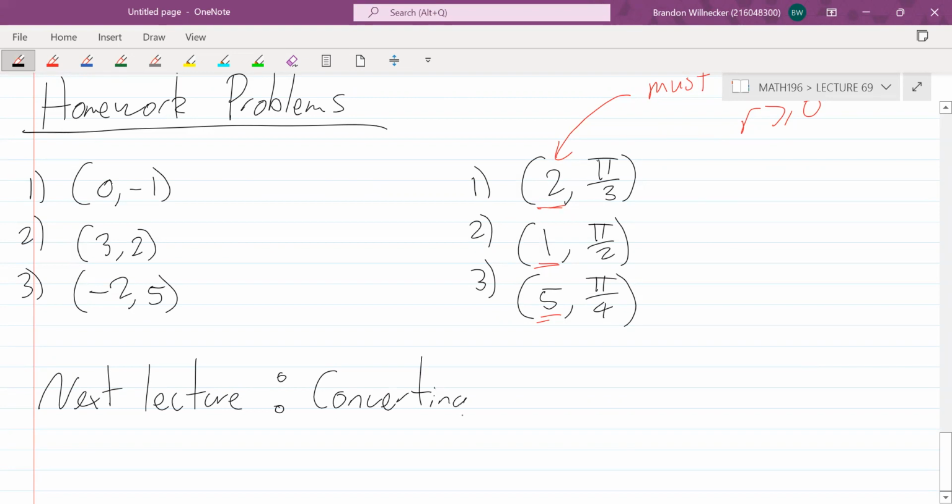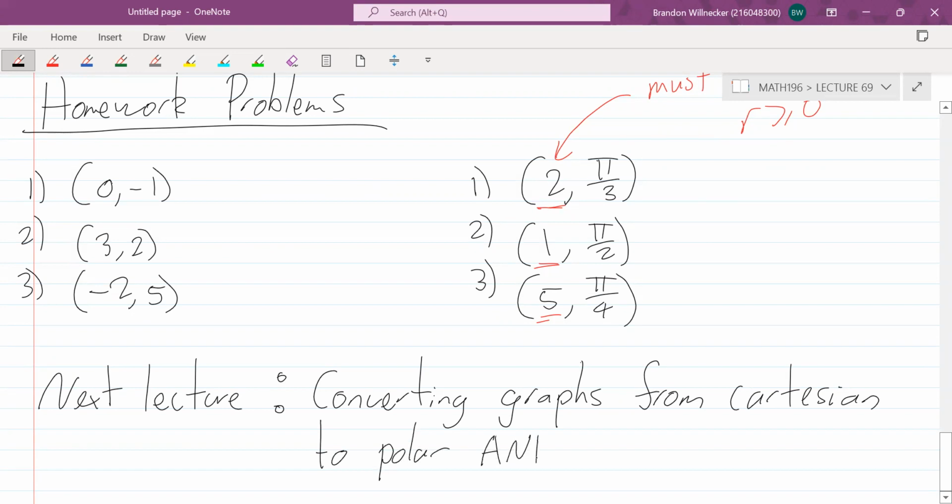Okay, so converting graphs from Cartesian to polar. And from polar to Cartesian. Okay, because we know how to go back and forth now.